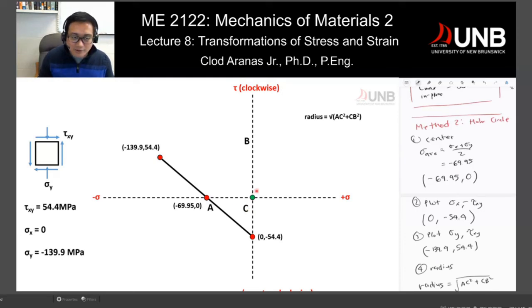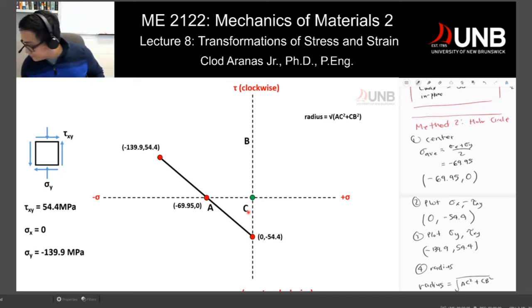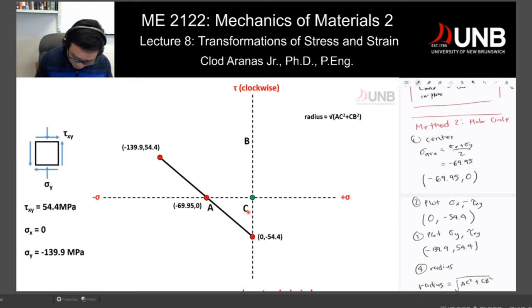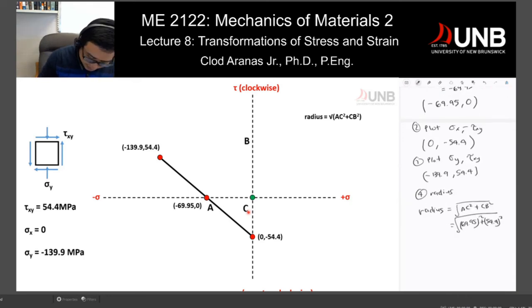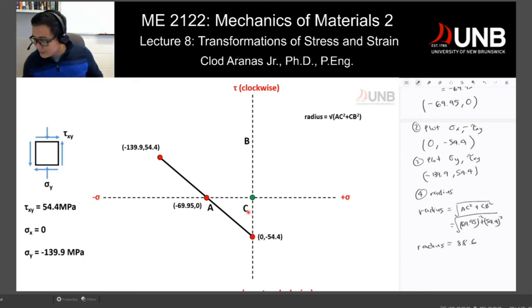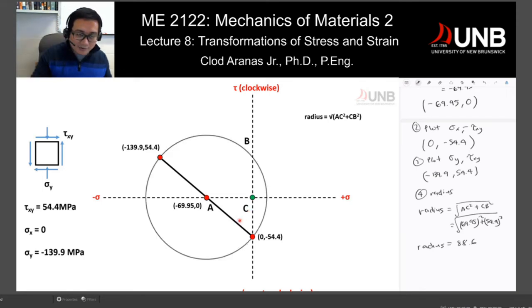It's just dimensional analysis. We just want to know the dimension of this radius here. Square and then square root. And your radius would now be equal to 88.6.